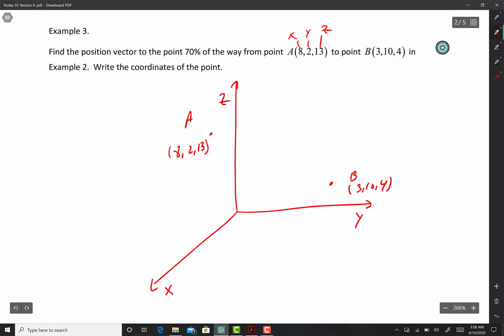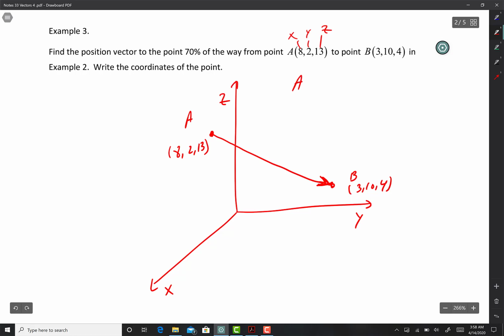And just like last time, the vector AB is this one right there. That's not very good. Let me see if I can do it better. No, you didn't lose the audio, I'm just trying to draw perfectly there. So there's my vector AB.